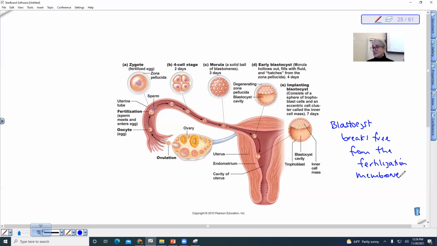And these early blastocysts are actually mobile. They have cilia on them and they can move around a little bit. And then at this point, this is the stage where the embryo embeds in the lining of the uterus.